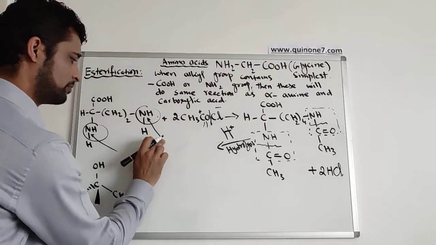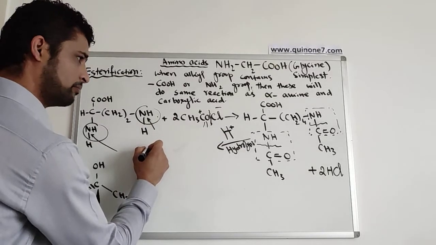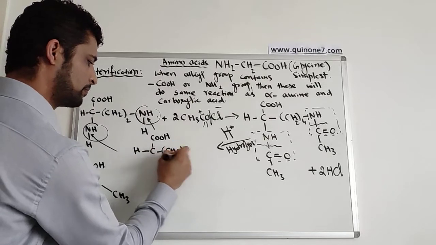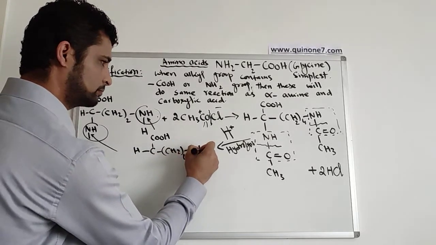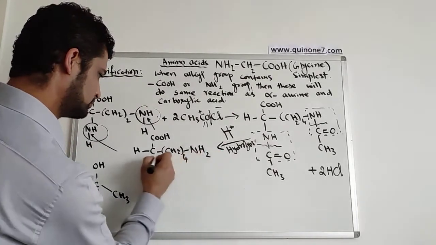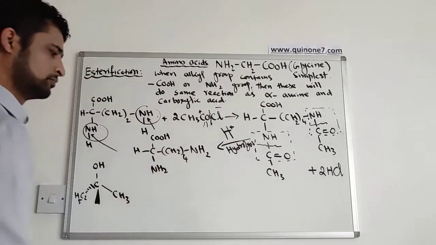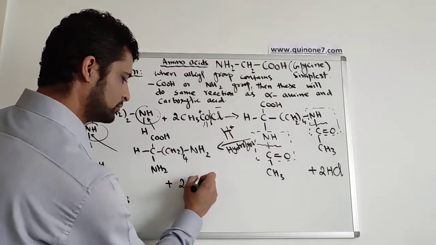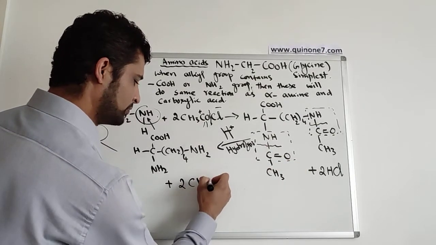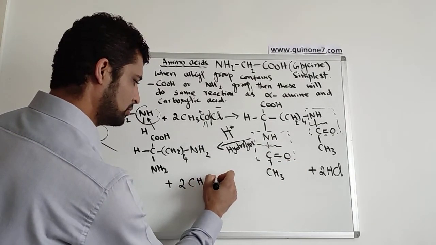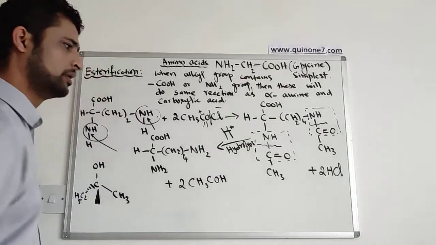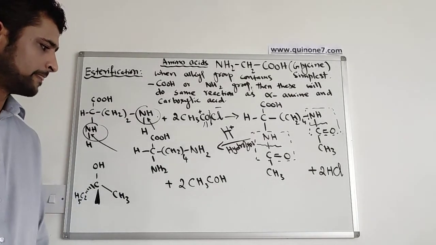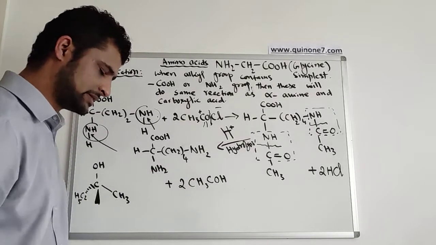So now this will produce the molecule as it is. This will reproduce, and the rest of the molecule, CH3COH, will be produced as a result of that. So the alcohol will be produced in the same way.